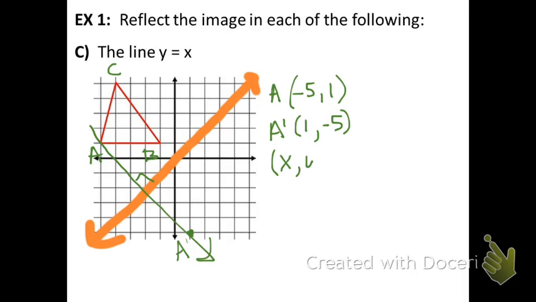So this says if we have x, y, we reflect it into the line of y equals x, then we can see here that our coordinates just switch. Okay, so if I look at B, B is located at back 1, up 1. So B prime would be over 1, down 1.